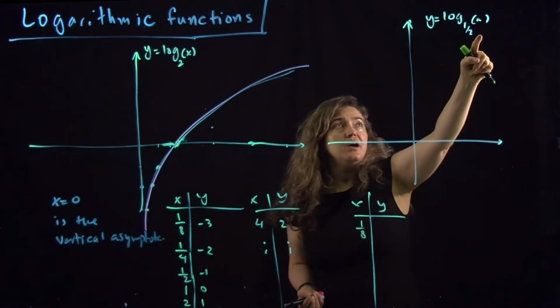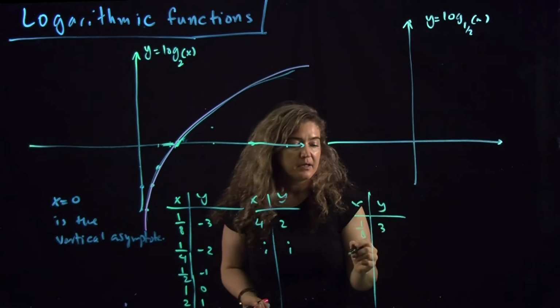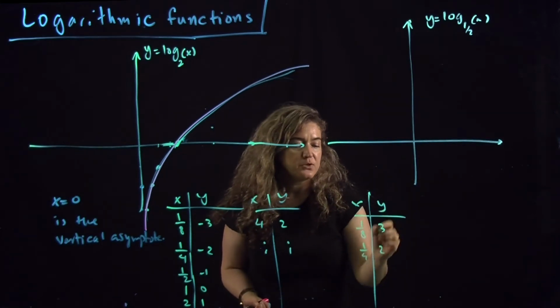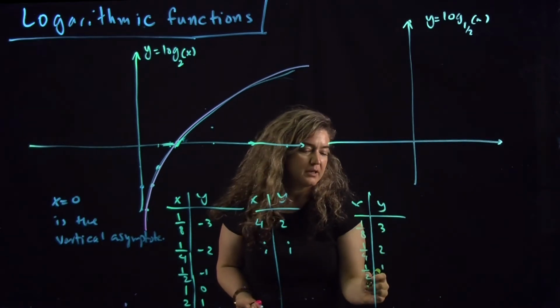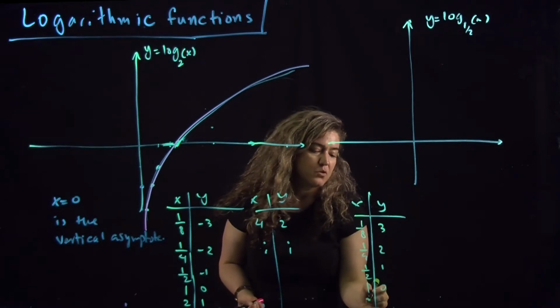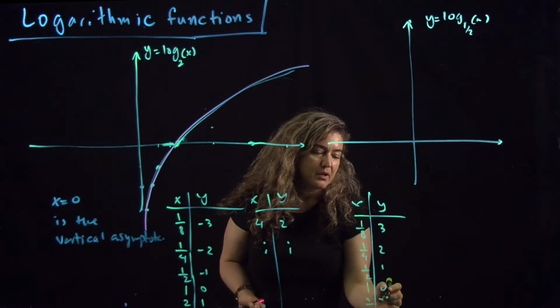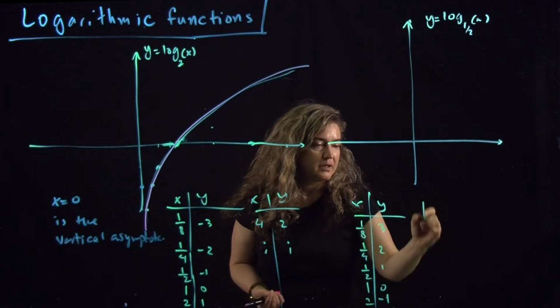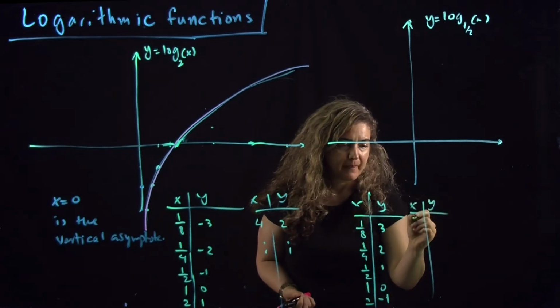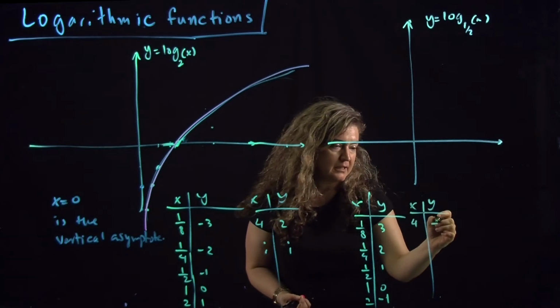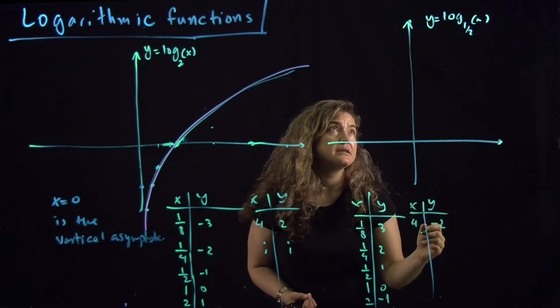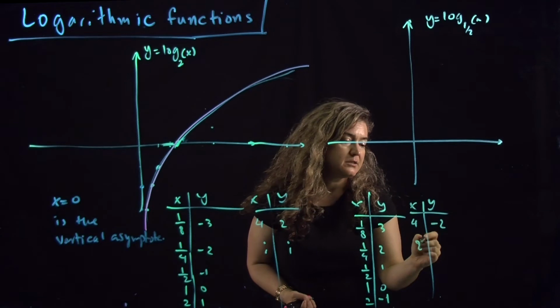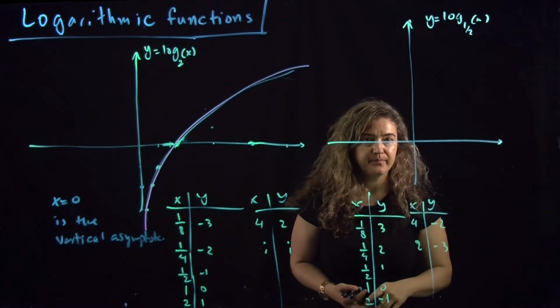This time I get 3, put in 1/4 to get 2, 1/2 to get 1, 1 to get 0, 2 to get -1, 4 to get -2, and 8 to get -3.